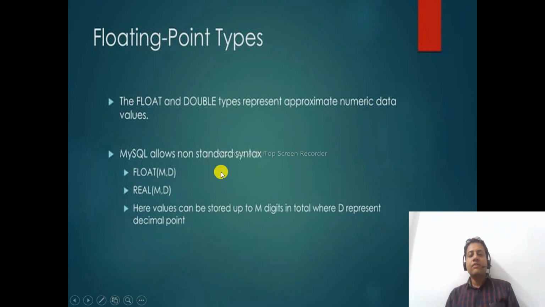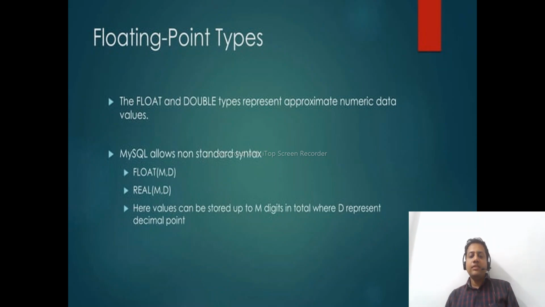For example, 100.02. This is a 5 digit number, but the first 3 are before the decimal, and 0.02 is after the decimal. This is how decimal or floating data types work. A floating point number cannot be unsigned, meaning it will only take positive values.